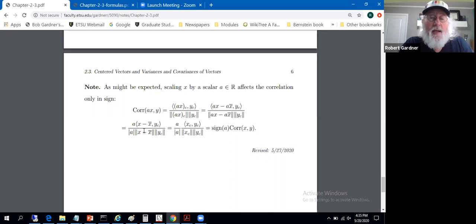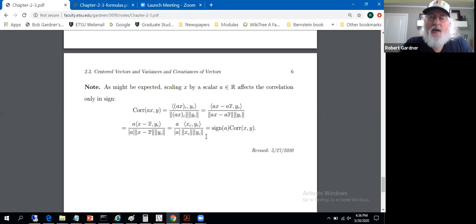And hey, x minus x bar, that's the centered counterpart, x sub c. Here it is down there again. And what we've got here is an inner product of x sub c with y sub c divided by the product of their norms. Well, that was the correlation of x and y. And up front, we've got a divided by the absolute value of a. Now, unless a is 0, so this is not allowed for a equals 0, then we simply get a divided by its absolute value.